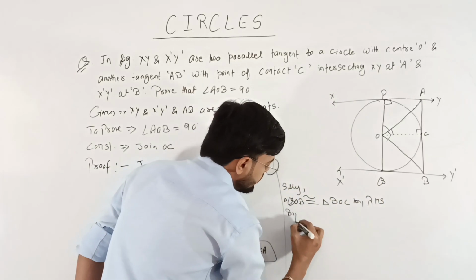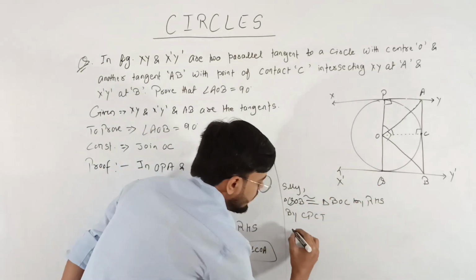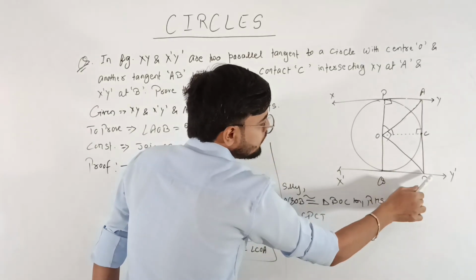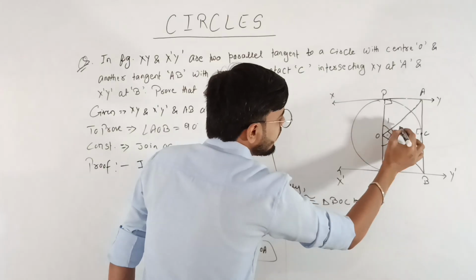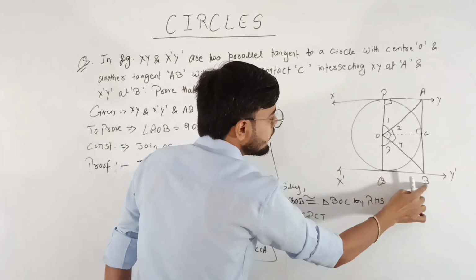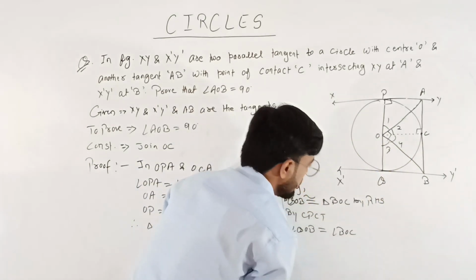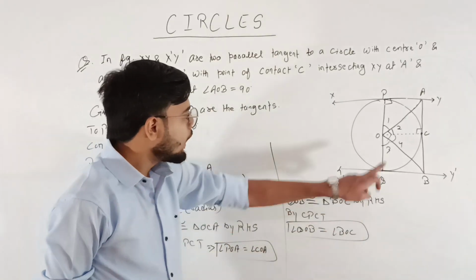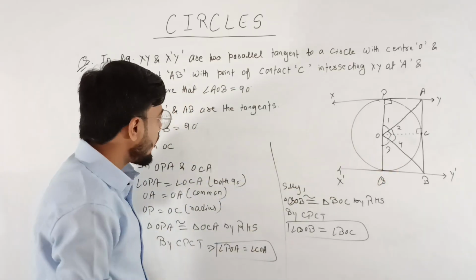Then again by CPCT we write angle QOB is equal to angle BOC. This angle is equal to this angle. Okay, let me label 1, 2, and this is 3 and 4. So angle QOB, 3, and angle BOC, 4, are equal. Now look here, angles 1, 2, 3 and 4. These angles are on a linear pair. So I write it here.